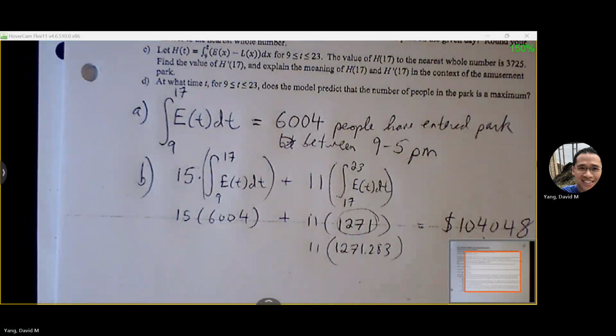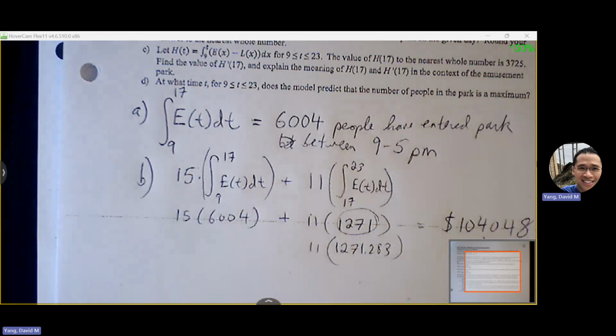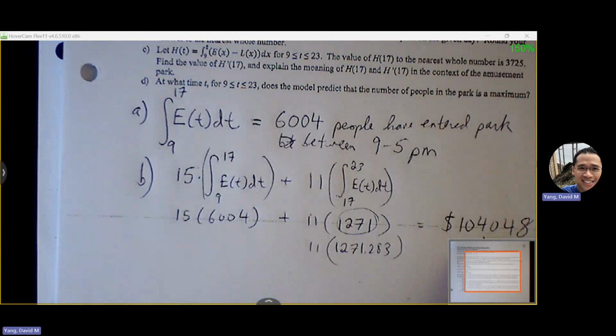We'll try again. Okay, so what I should have done was taken this exact value, multiply that by 15, because I think it's going to be more of a decimal value here. But it should come out to be $104,048.